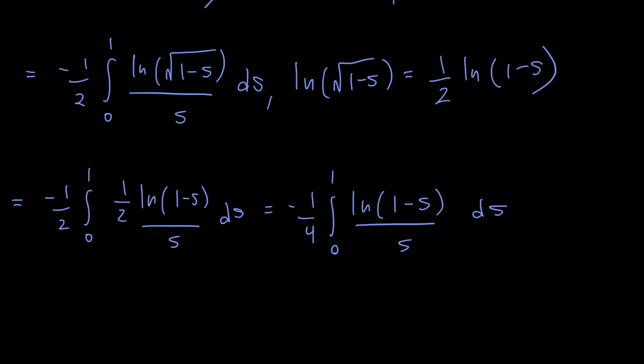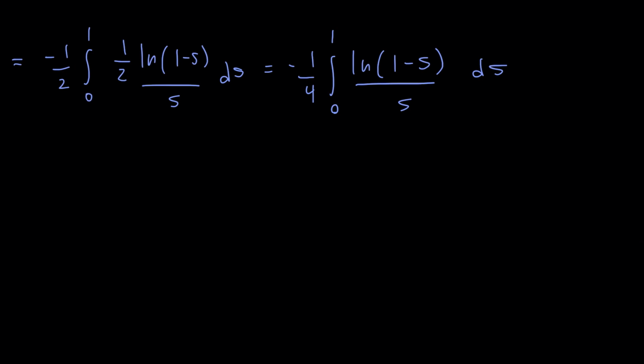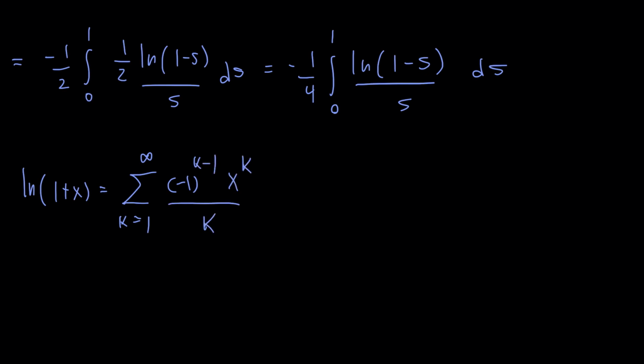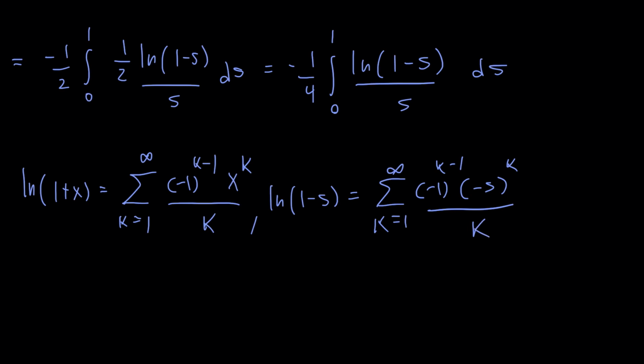And from here we'll use the power series representation of the log of 1 plus x. The log of 1 plus x is the sum from 1 to infinity of negative 1 to the k minus 1, x to the k over k. But we're interested in the case when x equals negative s. So the natural log of 1 minus s will be the sum from 1 to infinity of negative 1 to the k minus 1, negative s to the k over k.